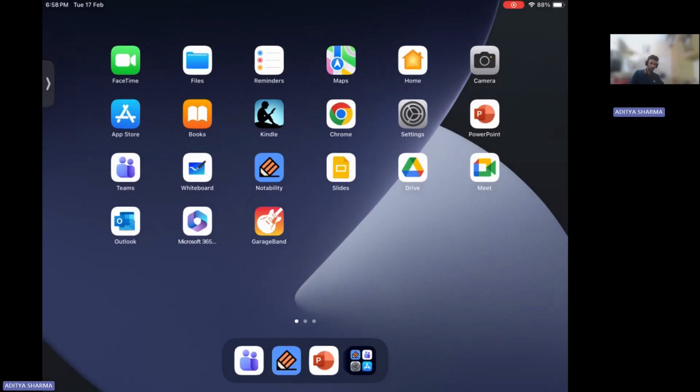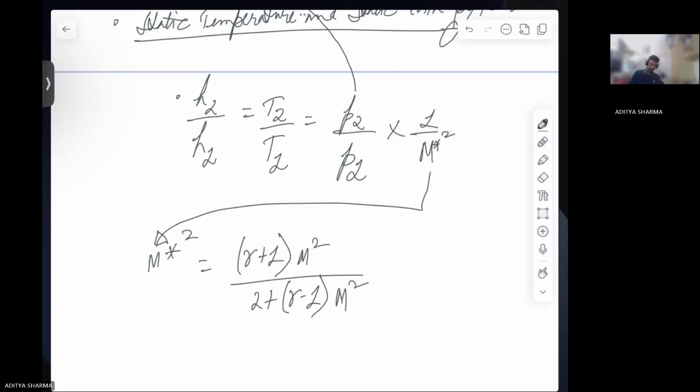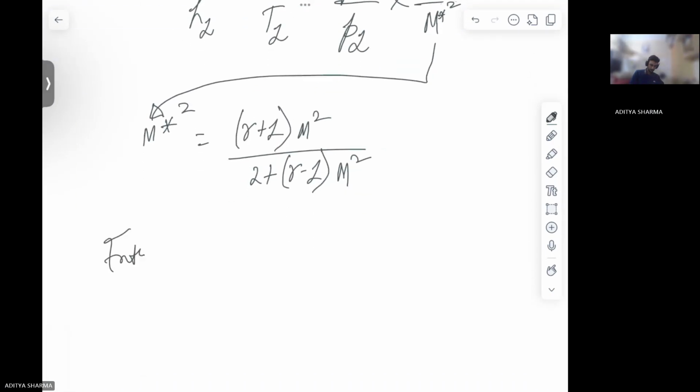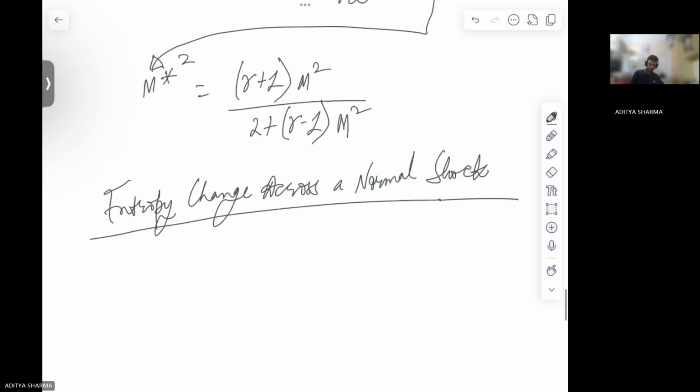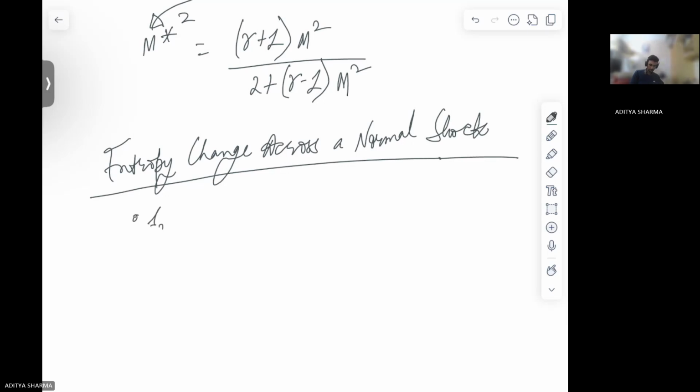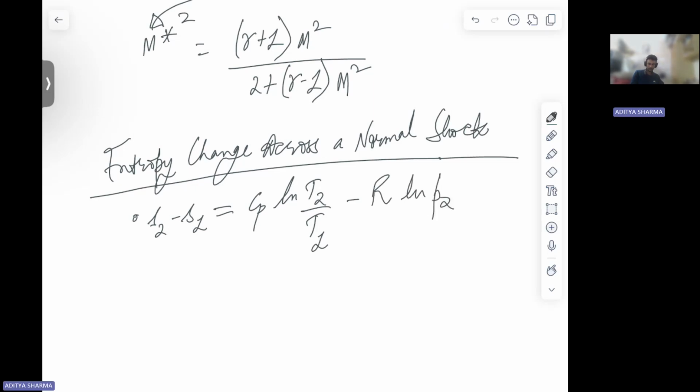Then across a normal shock, the entropy change: this is cp ln T2 by T1 minus R ln P2 by P1.